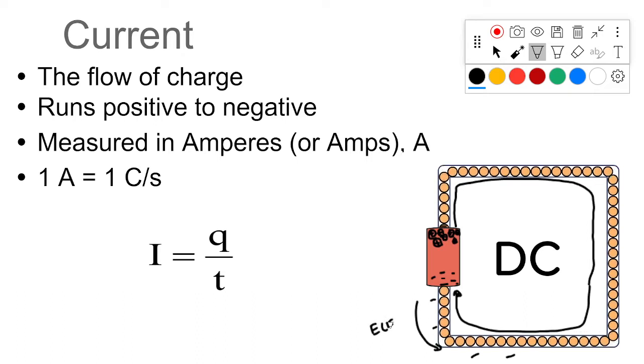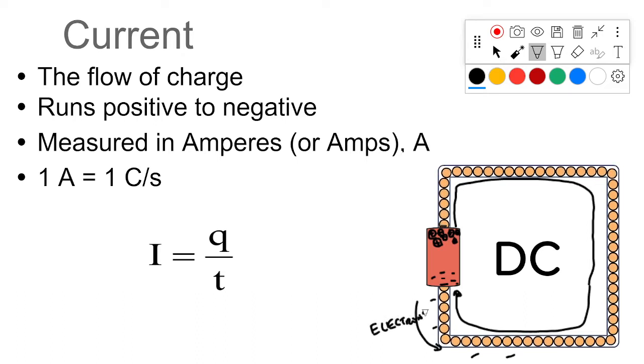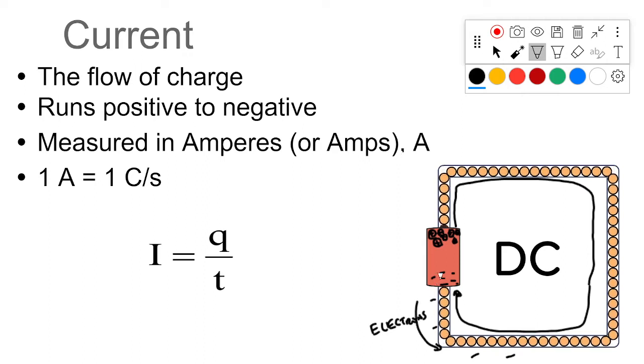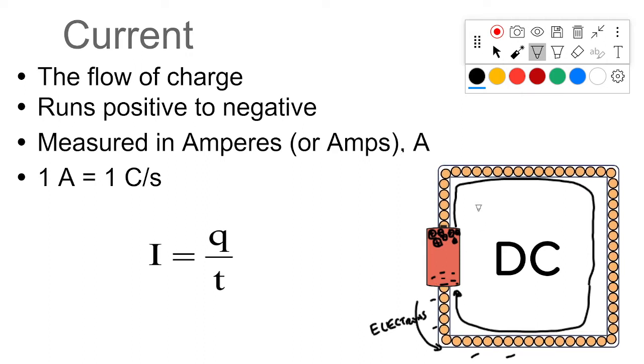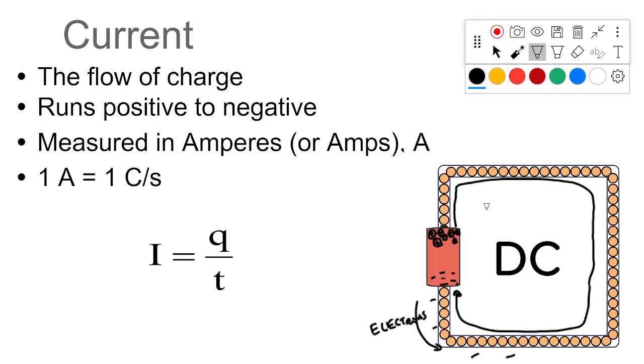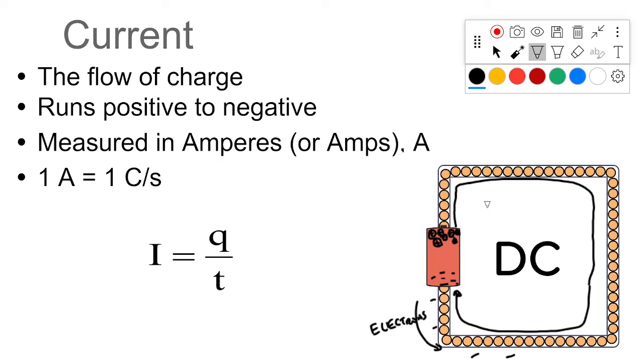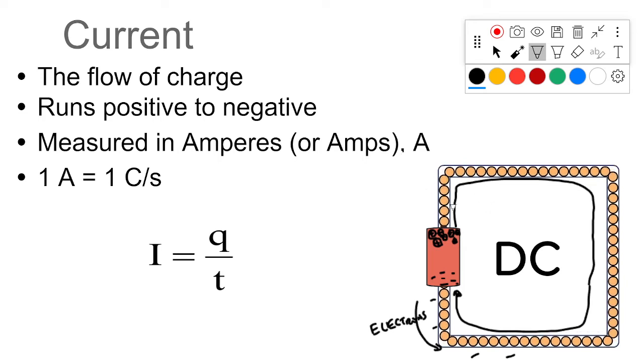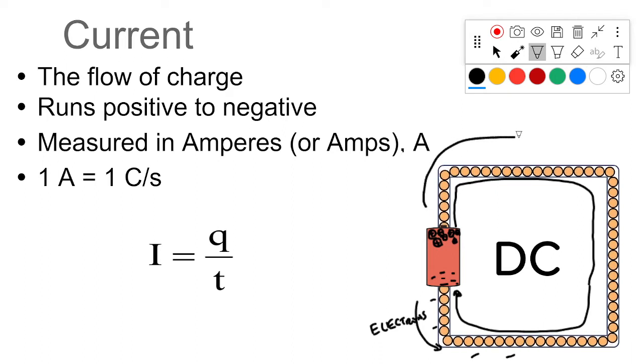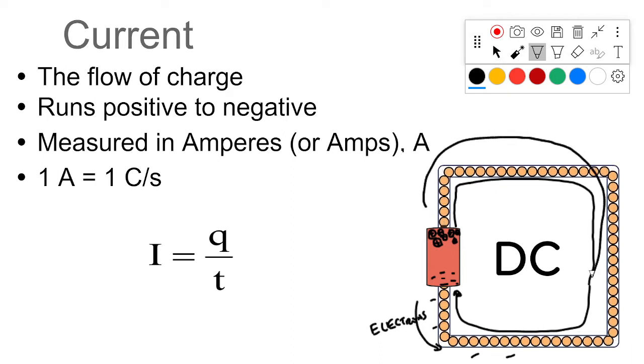However, somebody a long time ago, like Benjamin Franklin era, said, well, we know there's charged particles, so let's call one of them positive and the other one negative, and we don't know which way the current goes, but dadgummit, I'm going to define the current to go from positive to negative.